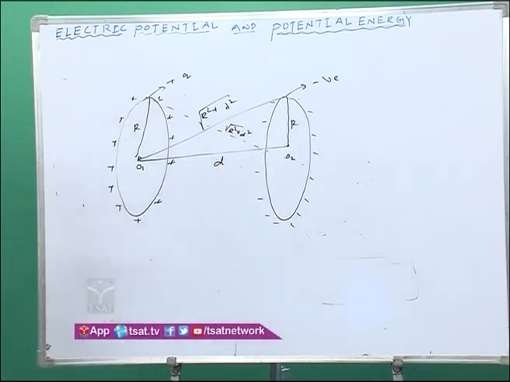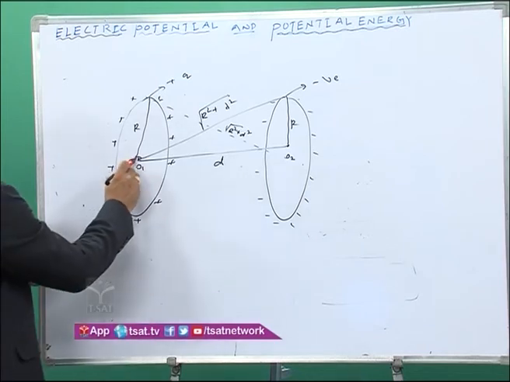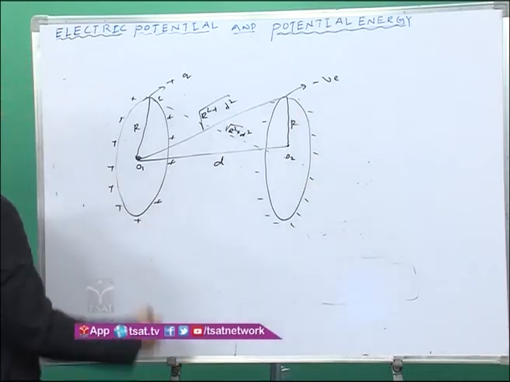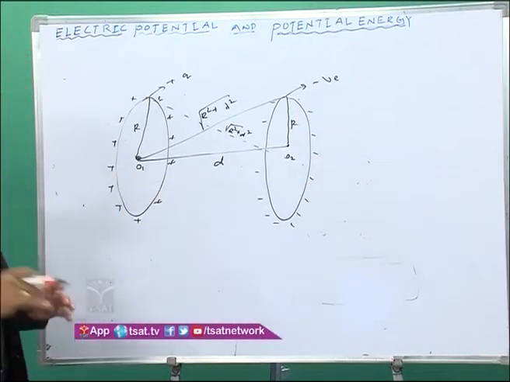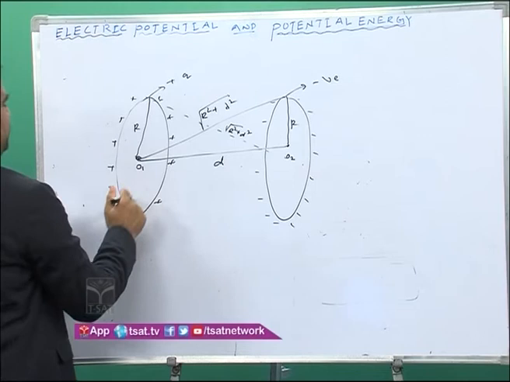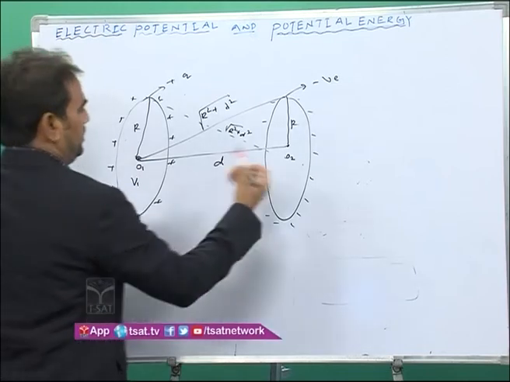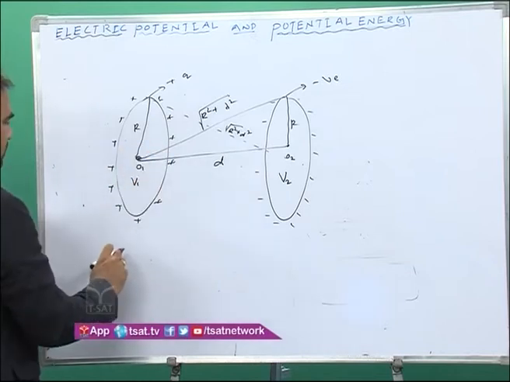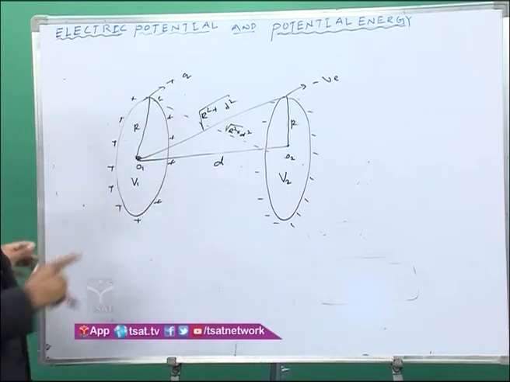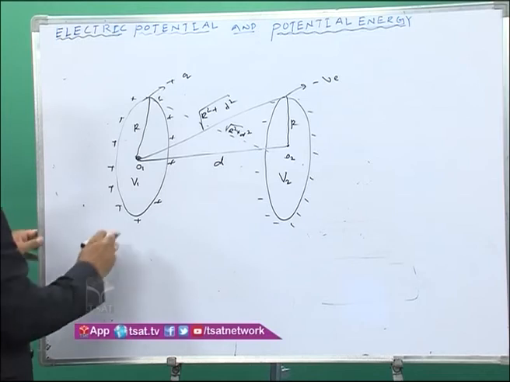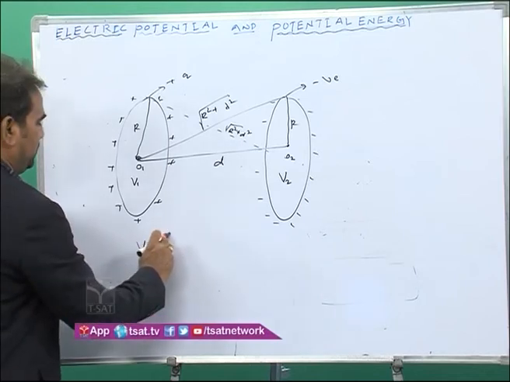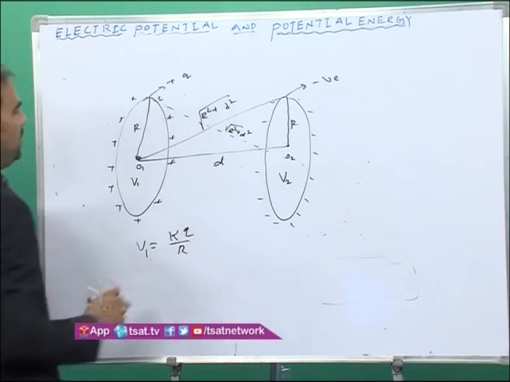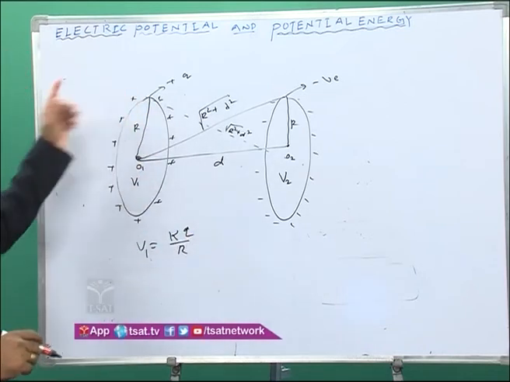Now, we wish to calculate the electrical potential at a point due to this ring and this ring. Let the electrical potential at point O1 due to the first ring be V1 and due to the second ring be V2. V1 is the potential at O1 due to these two rings, given by KQ upon R due to this ring.